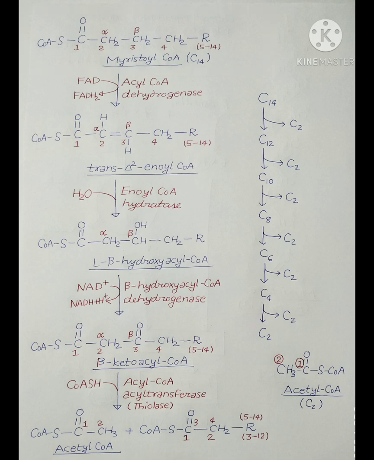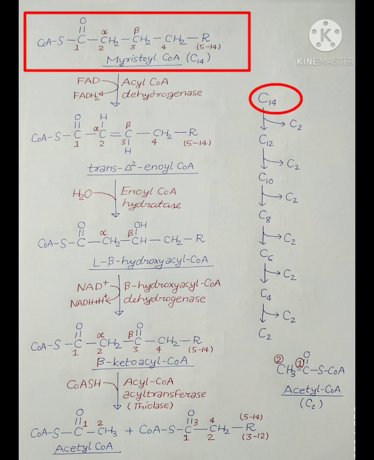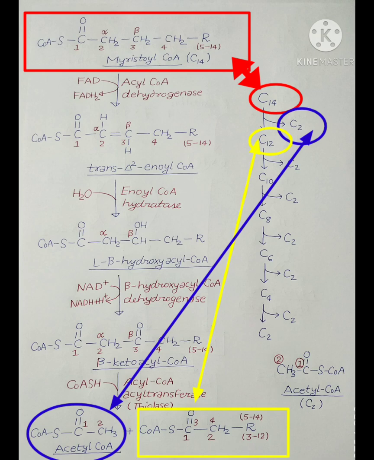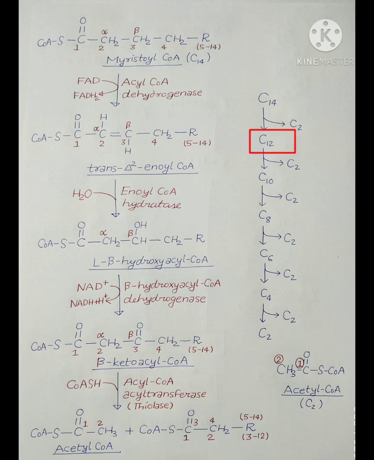In the first 4 steps, the 14 carbon compound is broken down into a 2 carbon compound and a 12 carbon compound. In the next 4 steps, the 12 carbon compound will break down into a 2 carbon compound and a 10 carbon compound.